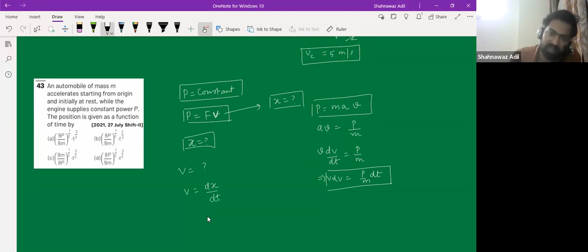And then you have to integrate it again so that you get x. So that is the idea of this question.